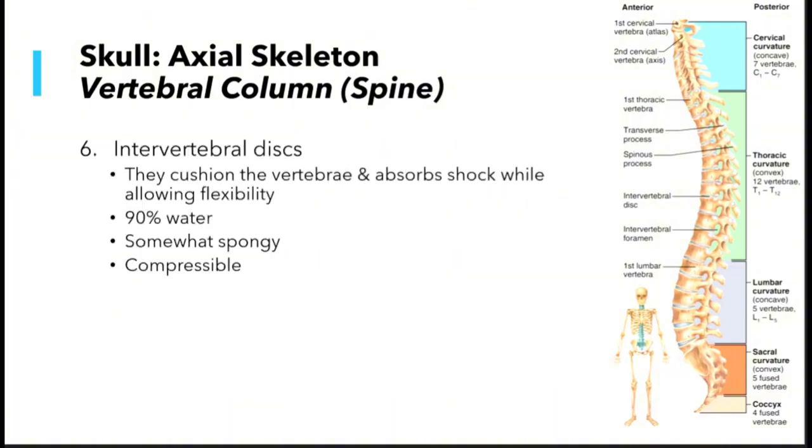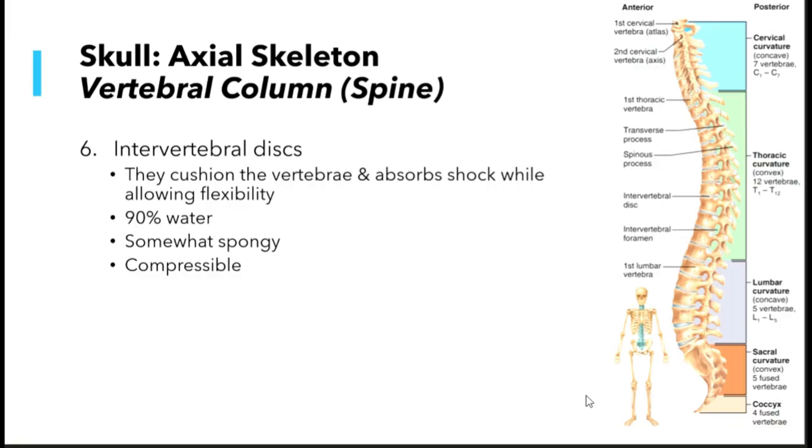Now, of the 24 bones of your vertebral column, it is distributed into three vertebral regions that we've mentioned already: the cervical, thoracic, and lumbar. And in between these vertebrae, you have your intervertebral disc. That is why it is called inter, they are found in between the vertebrae. So what does this disc do?